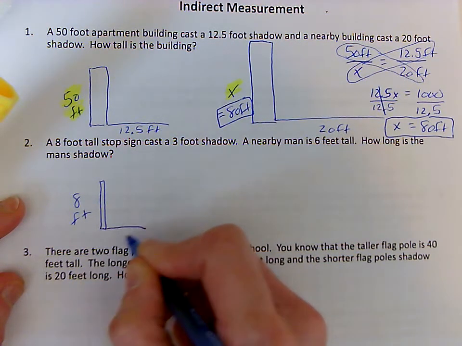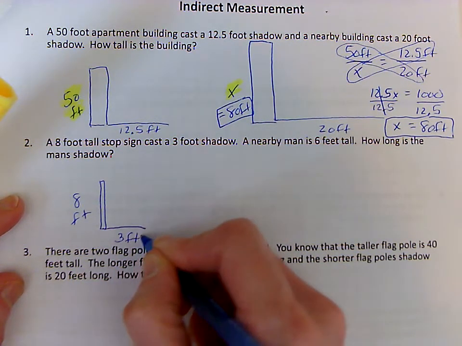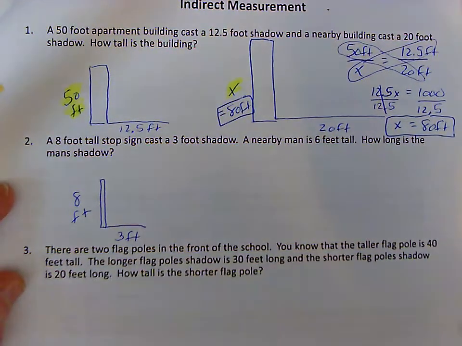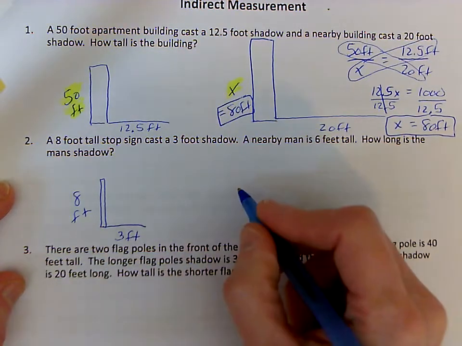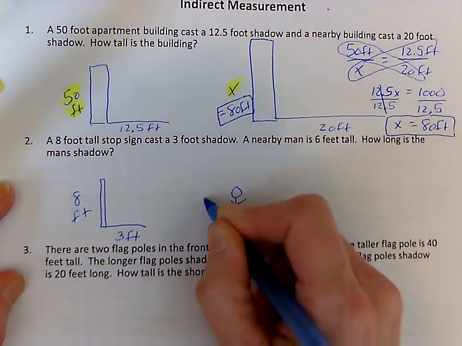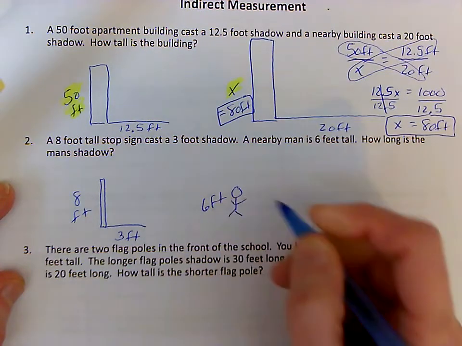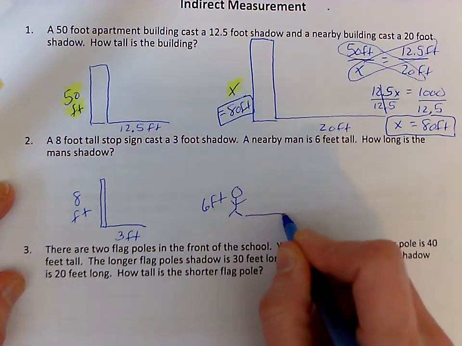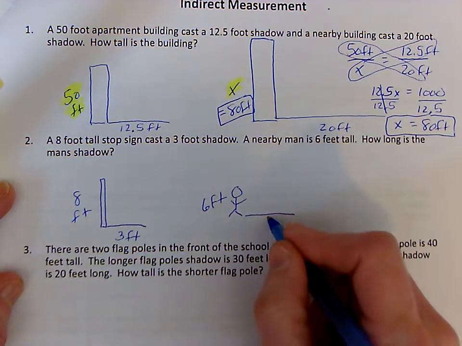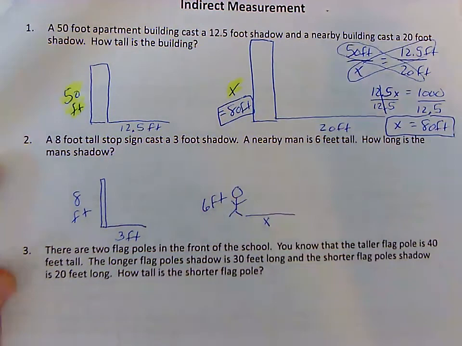I'm going to draw that shadow out like this, 3 feet. And then a nearby man is 6 feet. So the nearby man is just a little smaller than the sign. He's 6 feet tall. It has a shadow coming out. And so you don't know the shadow.